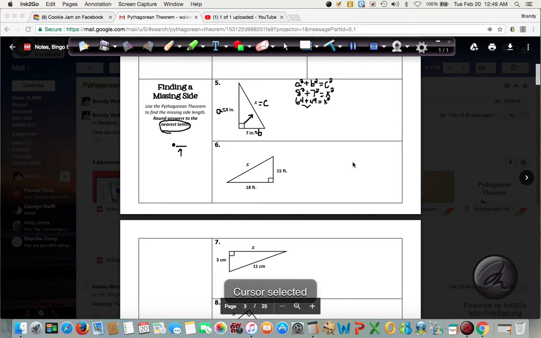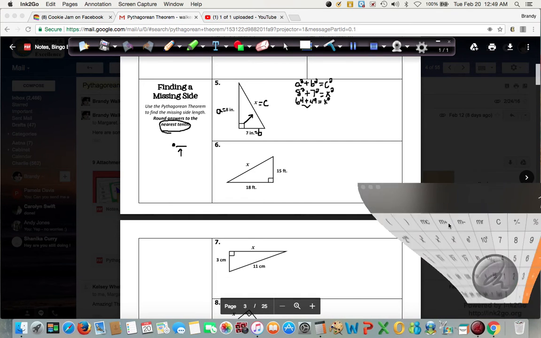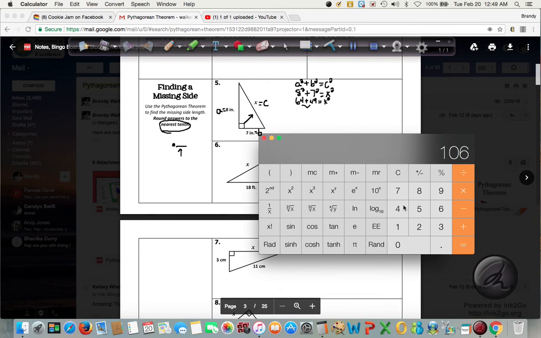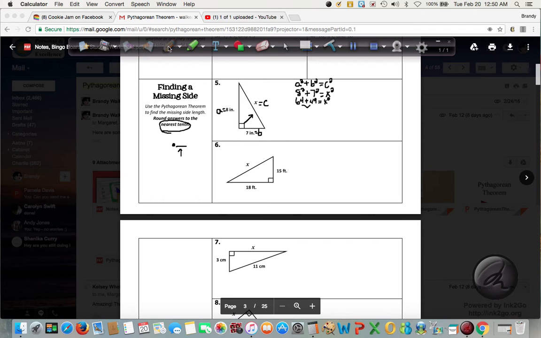I'm going to get out my calculator here. 64, wait, let me clear it out. 64 plus 49 equals 113. Excellent. All right, so I'm going to put 113 here. Equals X squared.